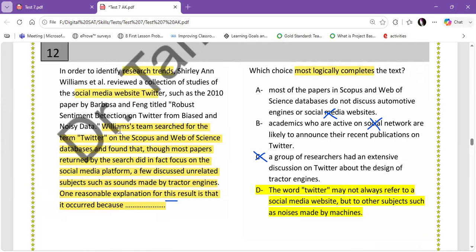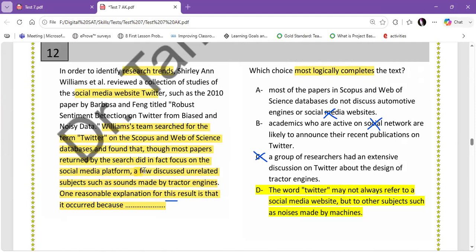Williams' team searched for the term Twitter on the Scopus and Web of Science databases and found that though most papers returned by the search did in fact focus on the social media platform, a few discussed unrelated subjects such as sounds made by tractor engines.